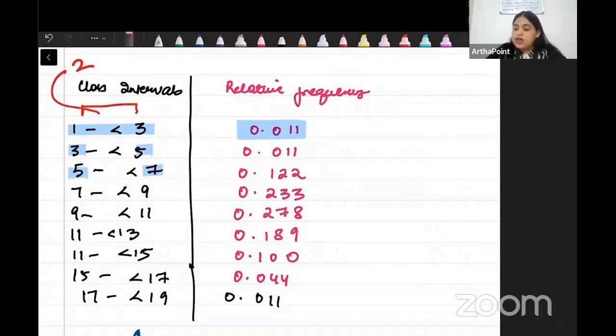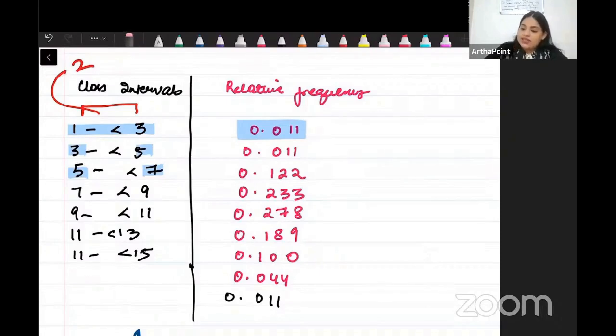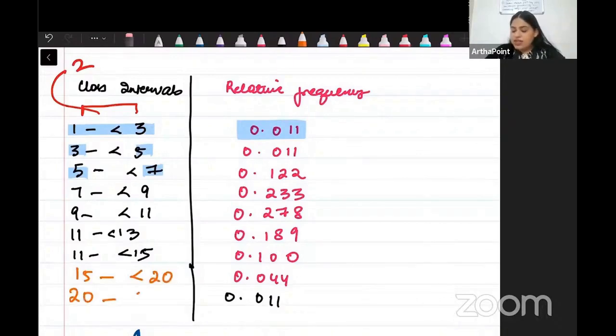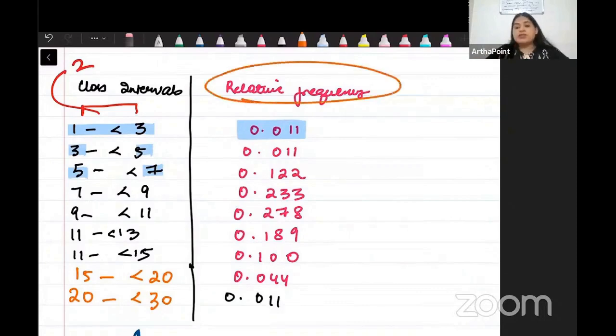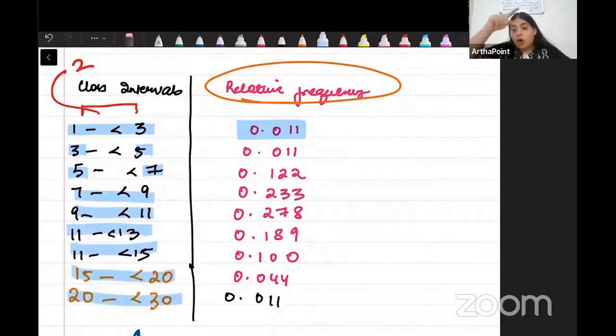Now suppose I have unequal classes. For example, for the last two classes, let's say that this class is 15 to less than 20 and this class is 20 to less than 30. But now I have unequal classes. I cannot directly plot these relative frequencies now. It will be wrong because the gap between the classes is not the same. So what will I plot now? Not the frequencies.